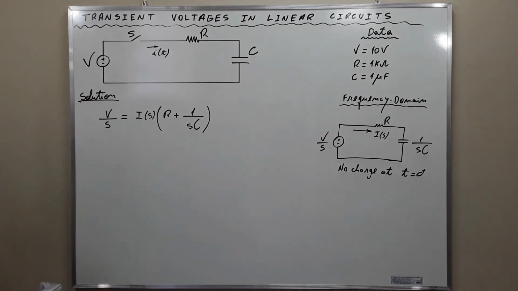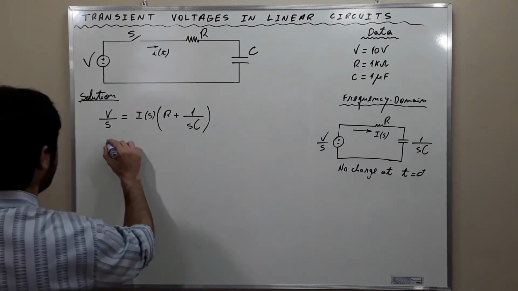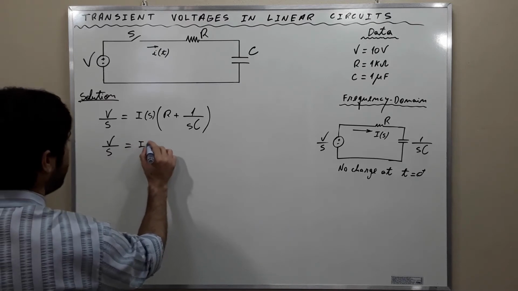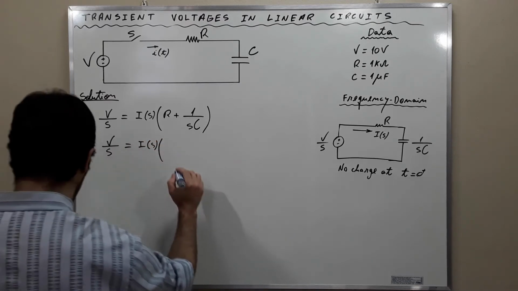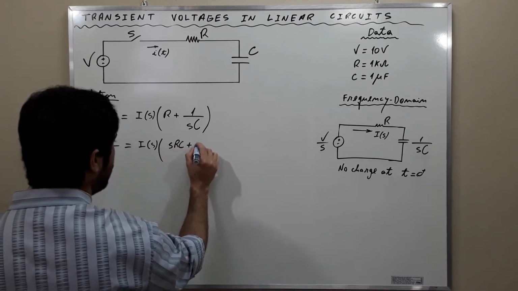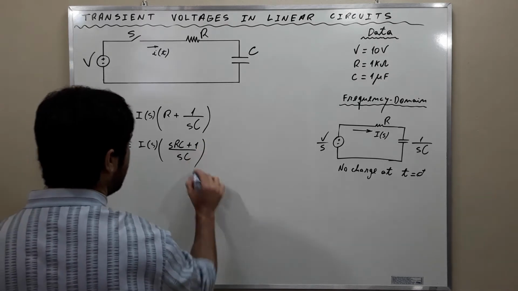Okay? Taking the lowest common denominator, we get that V over S is equal to I of S times (RC plus 1) divided by SC.